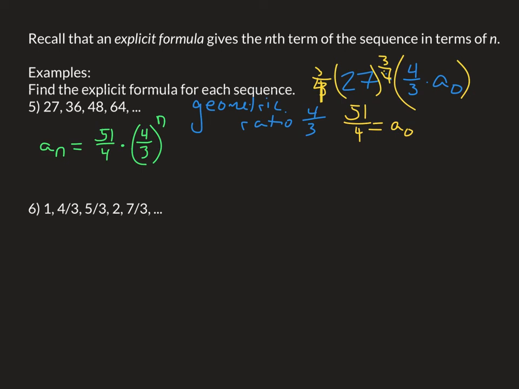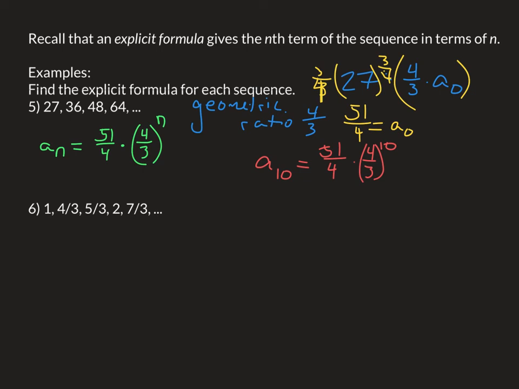So if I wanted to find, let's say, the 10th term of this, I would say a sub 10 is equal to 51/4 times 4/3 multiplied on 10 times. And I'm not going to calculate, but that's how we would do that. And we would get our 10th term.